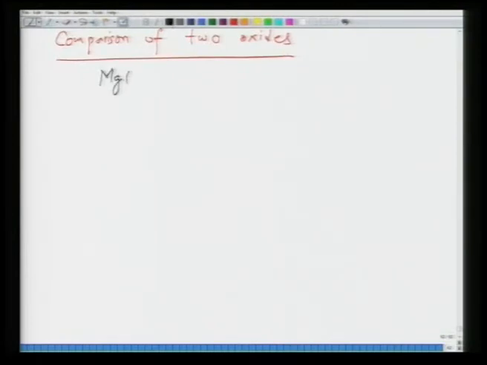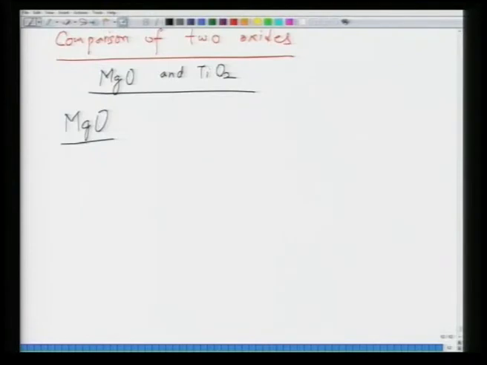So, what we will do is a comparison of two oxides. We will take MgO and TiO2. First, we will take the case of MgO.